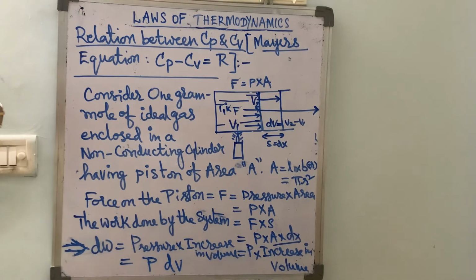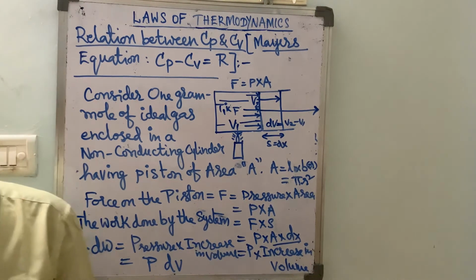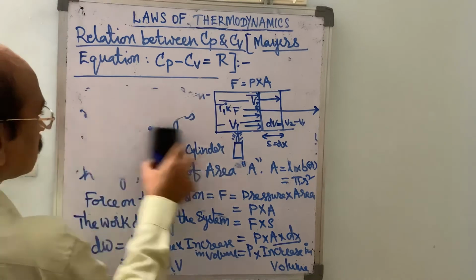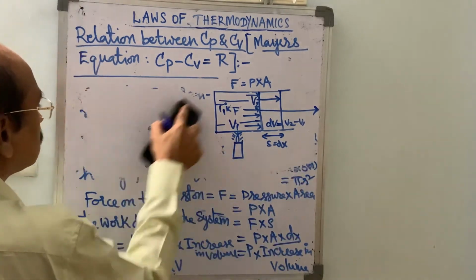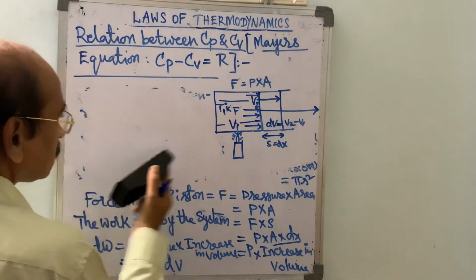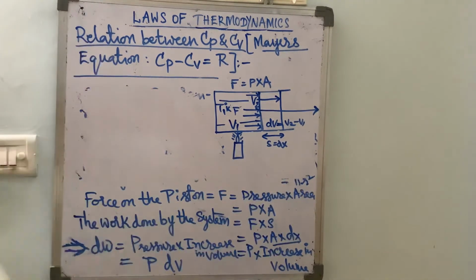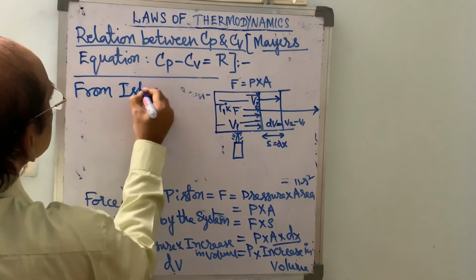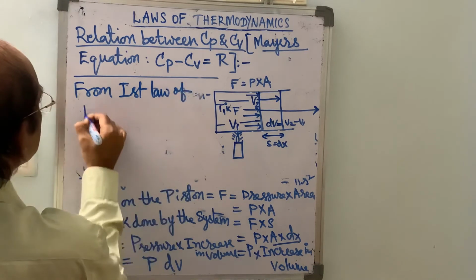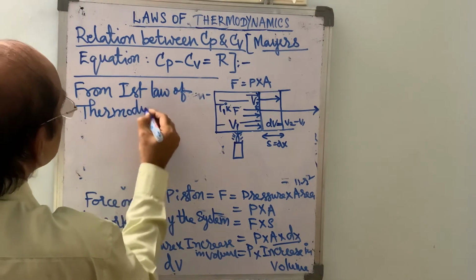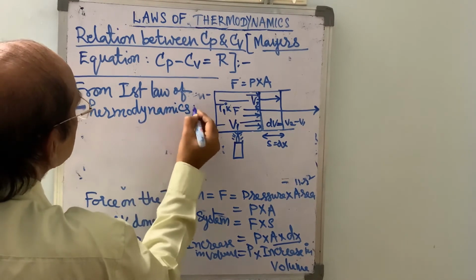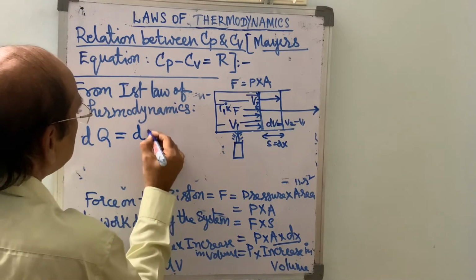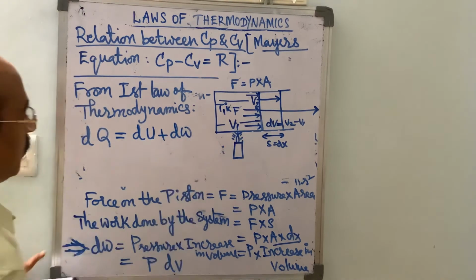This is the expression for external work done by the gas. Now, according to the first law of thermodynamics, heat energy supplied to the system is equal to du plus dW.